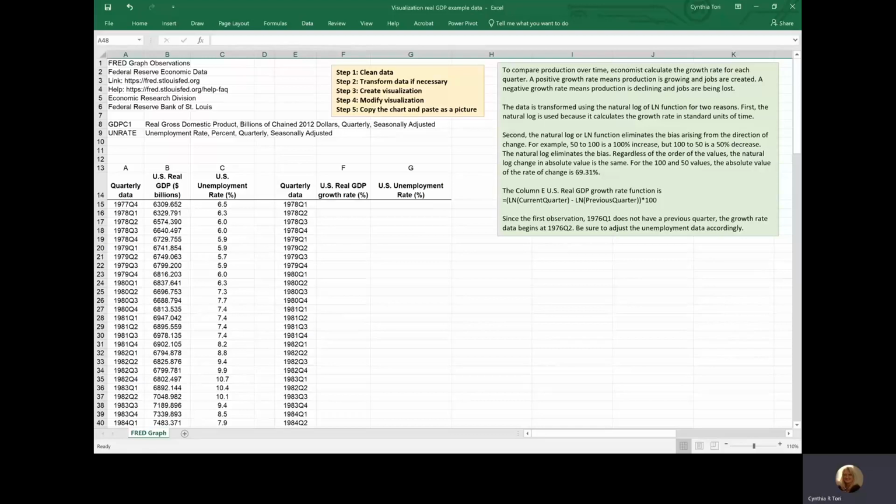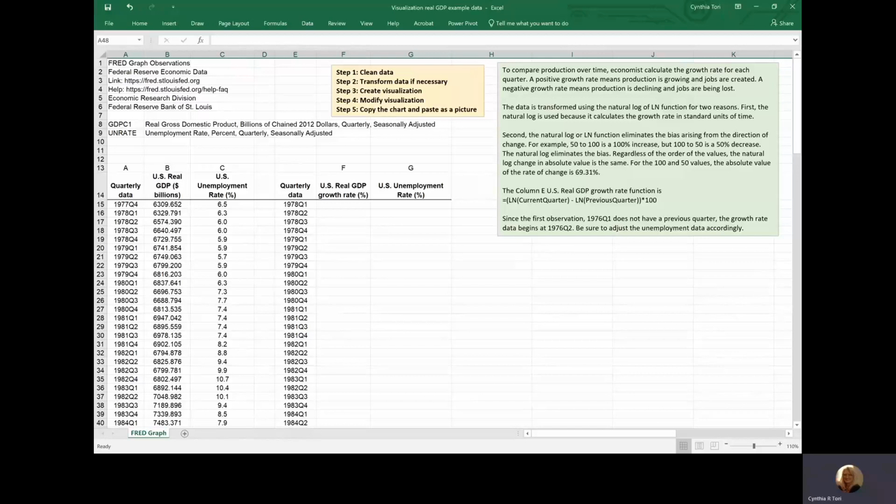To transform the real GDP data, we will use the natural log or the LN function for 2 reasons. First, the natural log is used because it calculates the growth rate in standard units of time. Second, the natural log or LN function eliminates the bias arising from the direction of change.